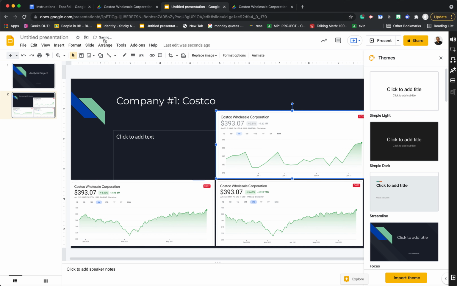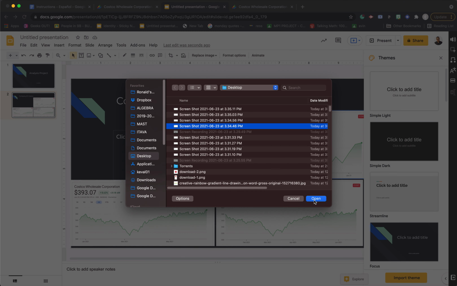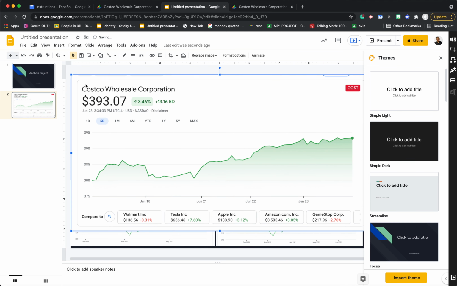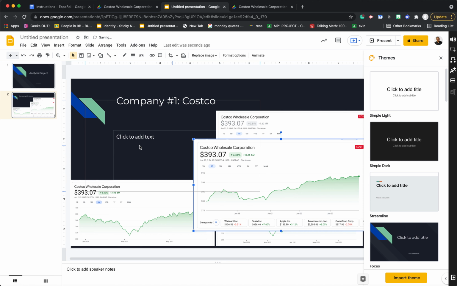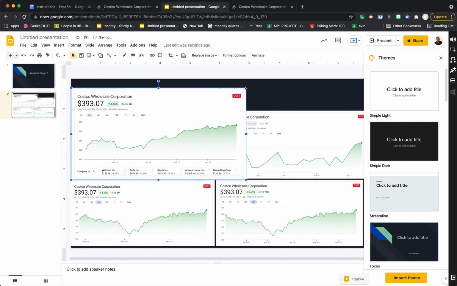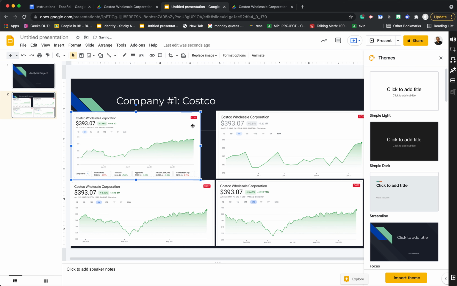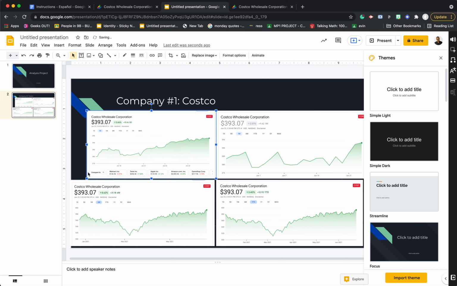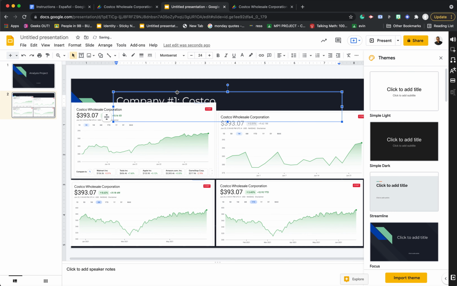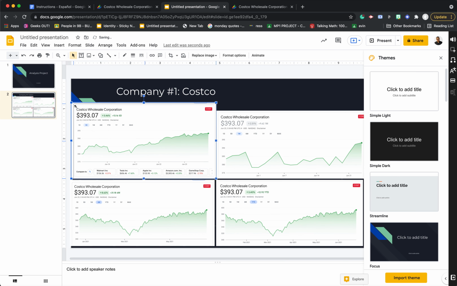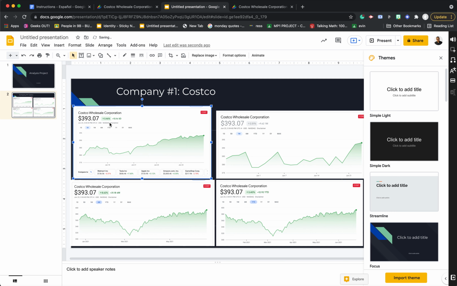And then we want to upload the 5 days, which is 1 week. We're saying 5 days because those are business days for 1 week. Move this up a little bit. Okay, so these are my screenshots showing the value of the stocks over the past week, month, 6 months, and the year to date.